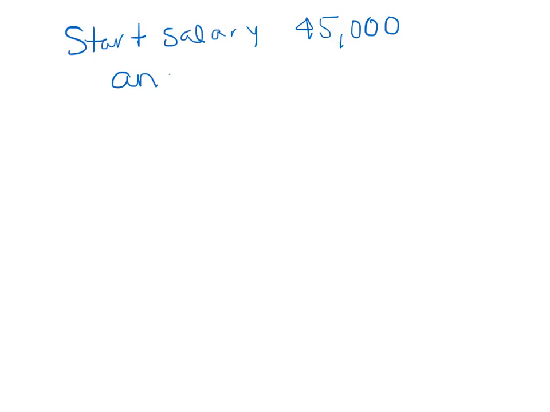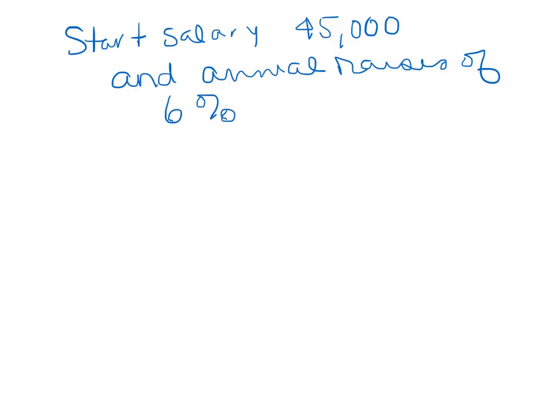Okay, I'm going to make sure you can come up with this formula. Let's say you have a starting salary of $45,000, and you're expecting annual raises of 6%. How could you write an equation for your salary in any given year?